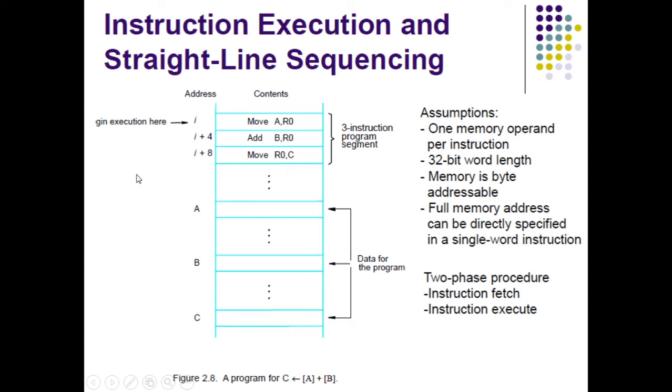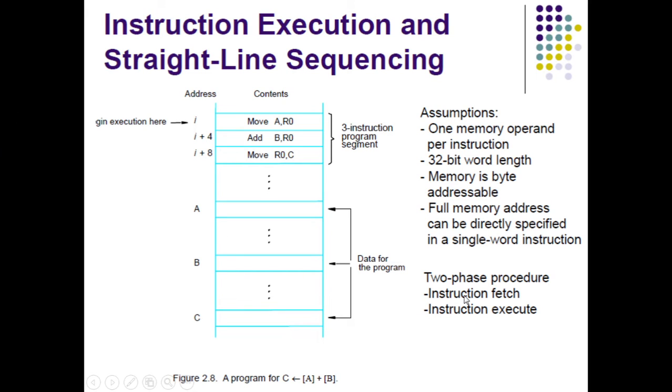IR means instruction register. Okay, so after placing the fetched information in the instruction register, the processor can identify the meaning of the instruction and start the execution. This is the next phase, that is the instruction execution.